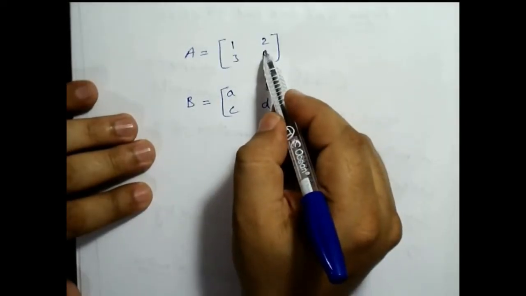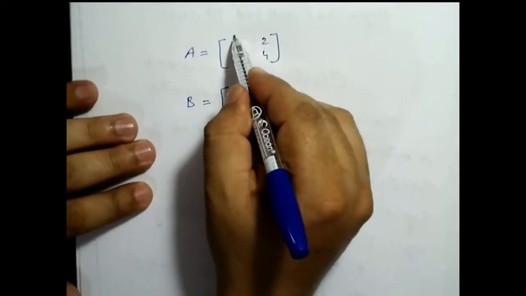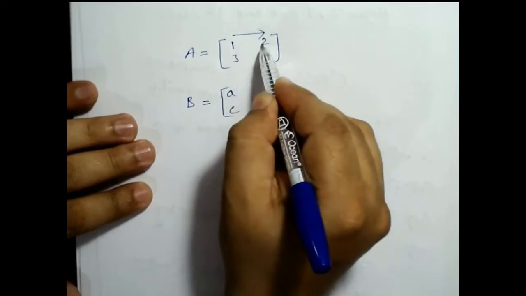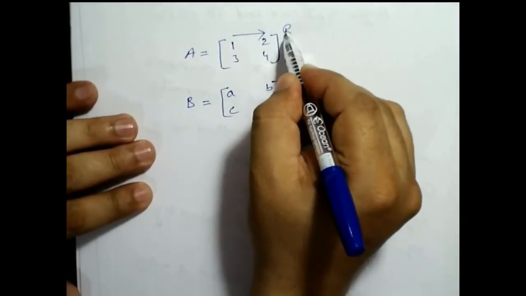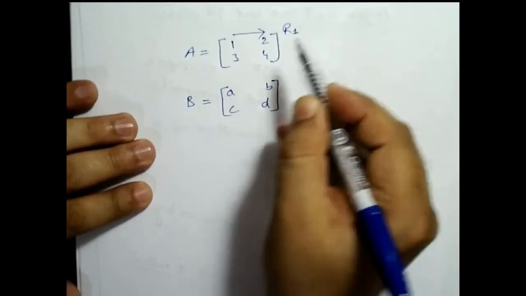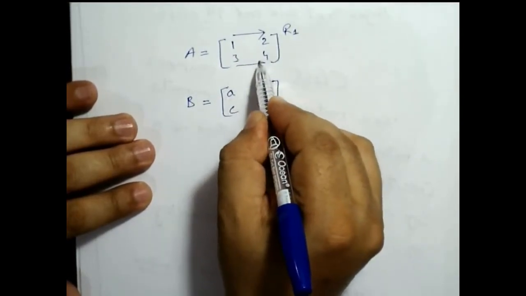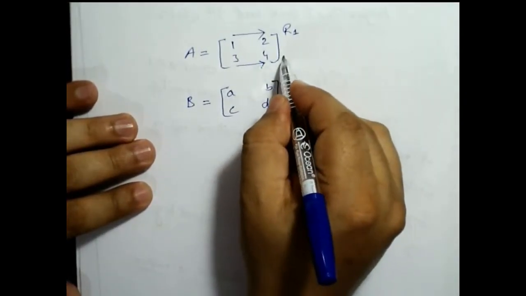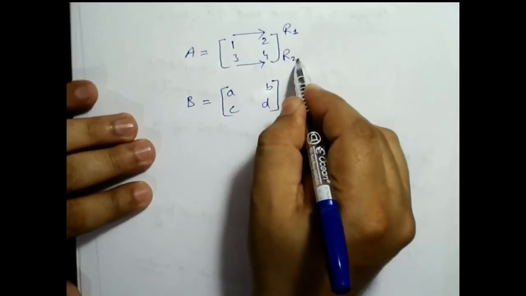If I have to talk about the rows of A, I will consider 1 and 2 as row number 1, and 3 and 4 will form row number 2.